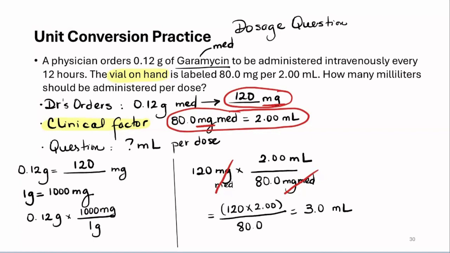In the rest of the conversions, I am assuming that you will be able to determine the number of significant figures in the number given, and that's going to translate to the number of significant figures in the results. So only for dosage questions, I tell you how many significant figures you should report.